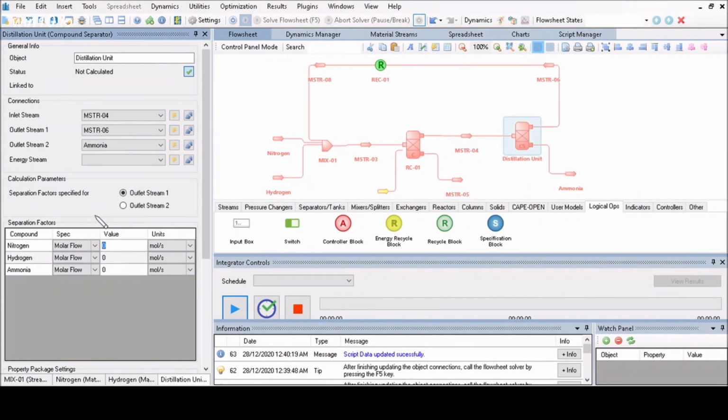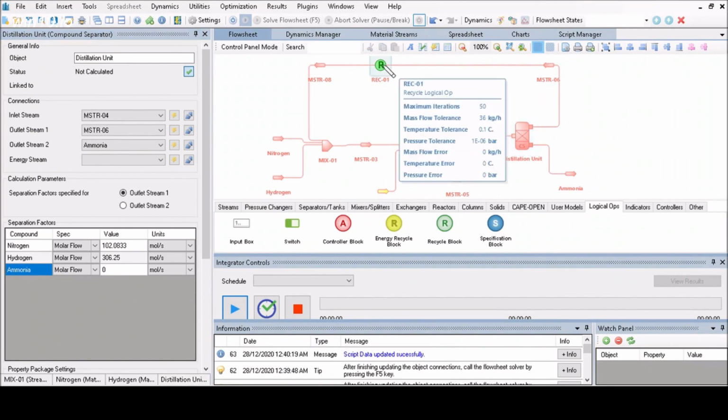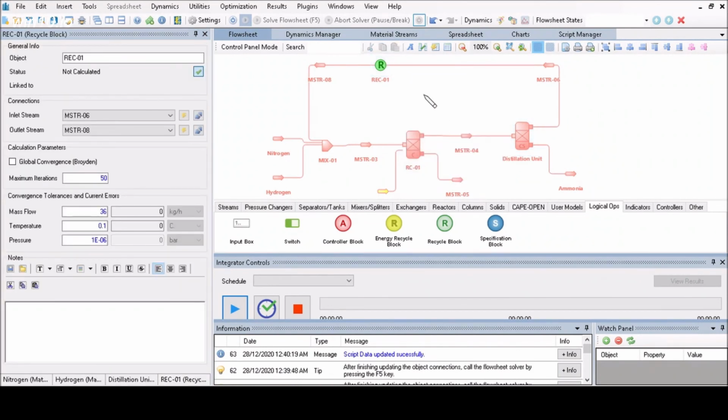For nitrogen, we have 102.0833, and 306.25. So we recalculate before starting the simulation, and I think we have inputted the necessary data.